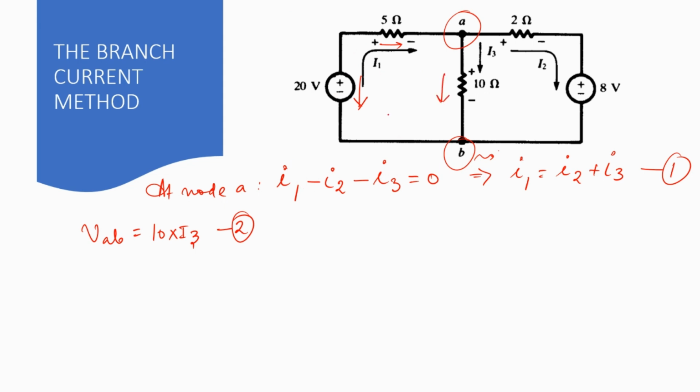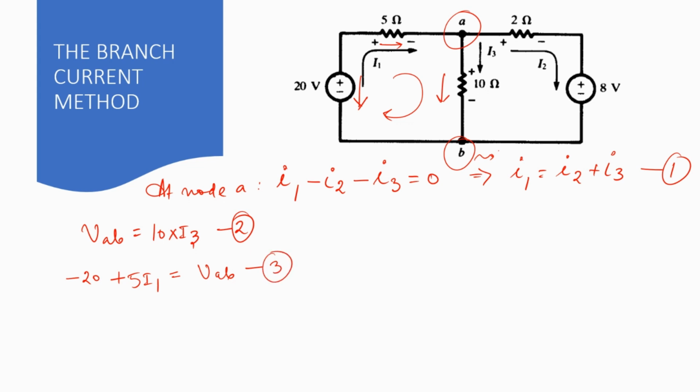If we consider this to be our drop direction that we are assuming, I can write the KVL equation in this closed path as minus of 20, because the two arrows are opposing, plus 5I1. So that is going to be equal to my VAB. So this is going to be my third equation.